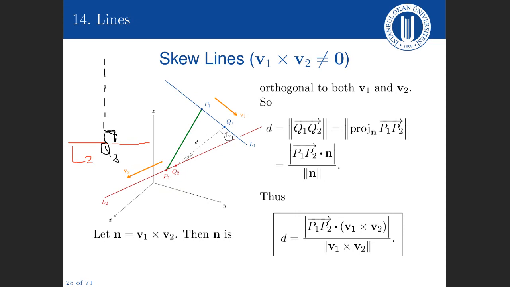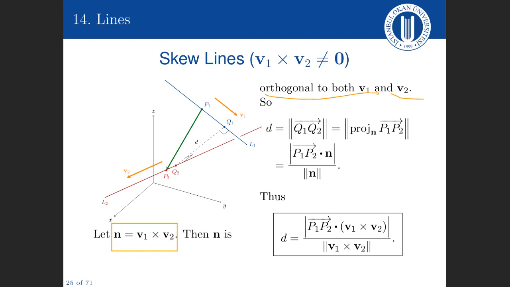We need to find a vector which is both orthogonal to line 1 and orthogonal to line 2. So what we do is we take V1 cross V2. Remember from last week, V1 cross V2 is always orthogonal to V1 and it's orthogonal to V2.